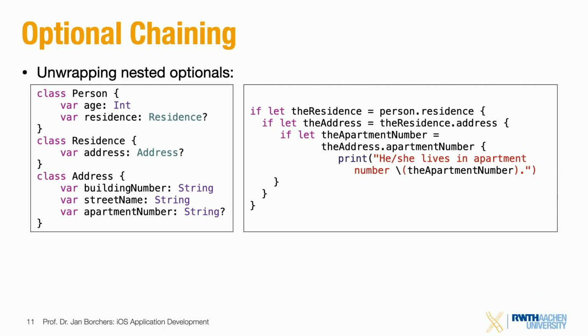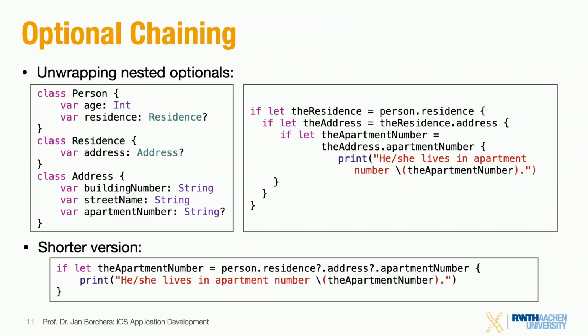So what optional chaining means and how that can help you is that you have all the optionals chained directly behind each other. So for the person, I'm trying to assign the apartment number directly through the residence, address, and the apartment number of the person.